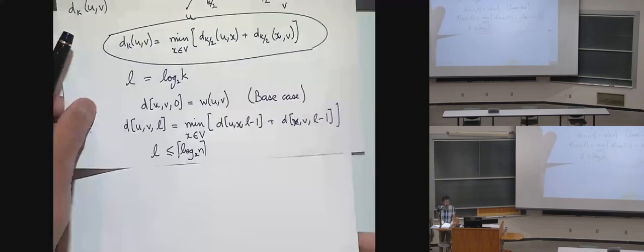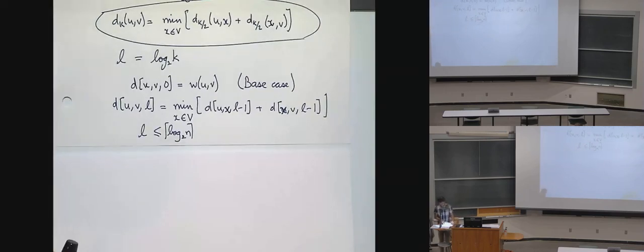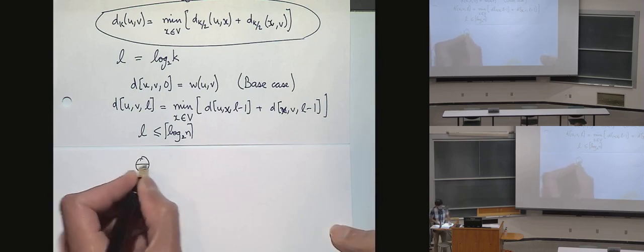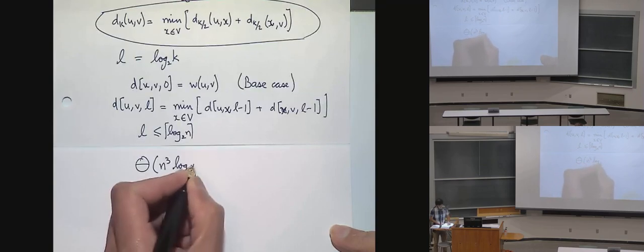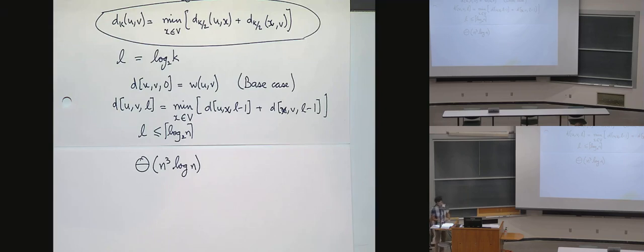I'll give you another interpretation for this. Okay, so this is now going to be basically theta n cubed log n. So why is it?